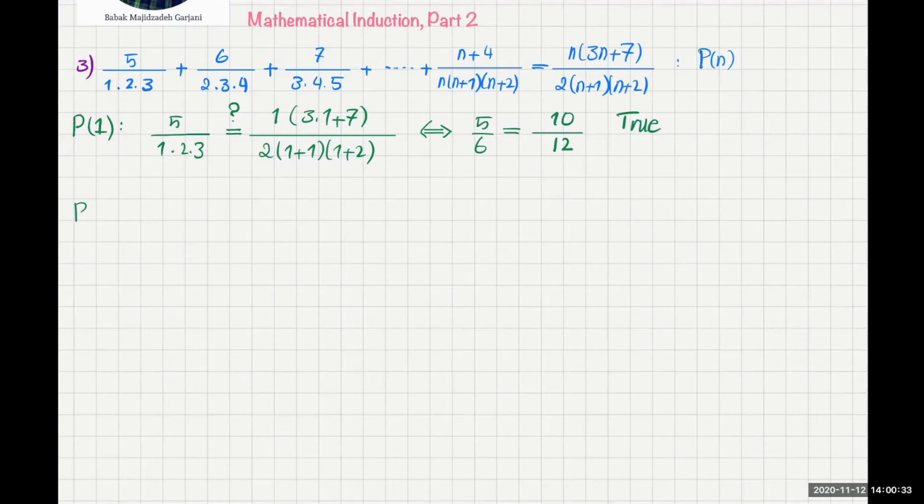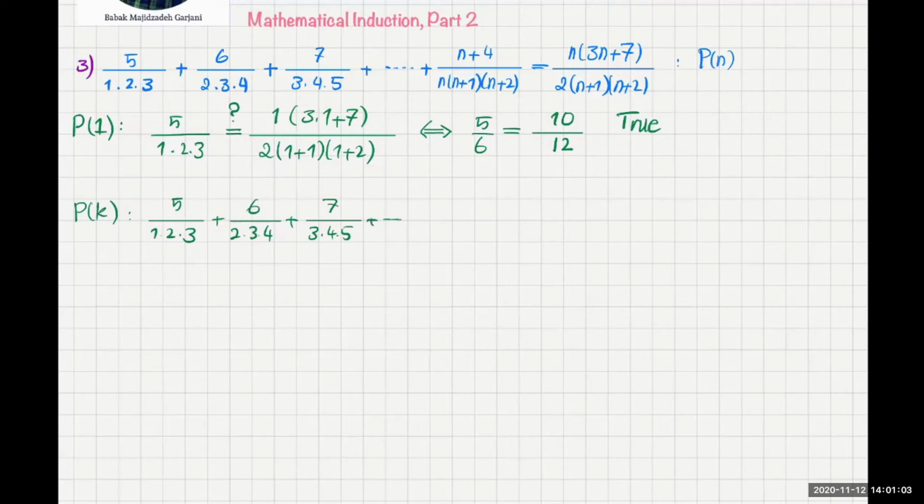Now I assume that P for a natural number k is also a true statement. This part is easy, so let me just copy and paste quickly everything, but I only need to replace n with k everywhere. 2 times 3 times 4, and then I have 7 over 3 times 4 times 5.